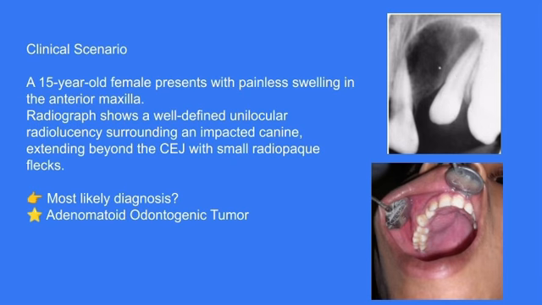Now we have a clinical scenario to help you guys. Imagine a 15-year-old female, second decade of life, with painless swelling in the anterior maxilla. This is the point you have to understand.